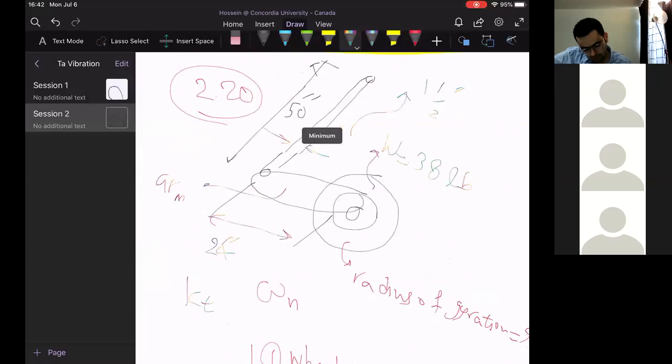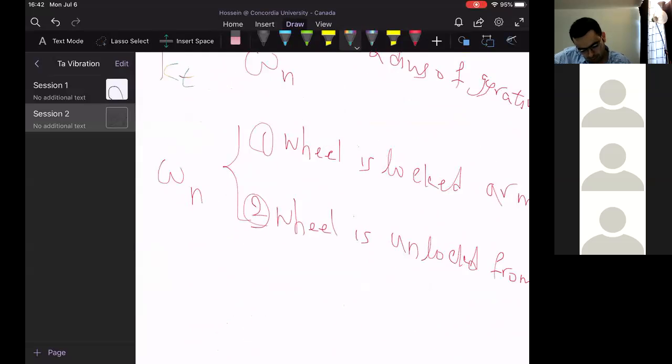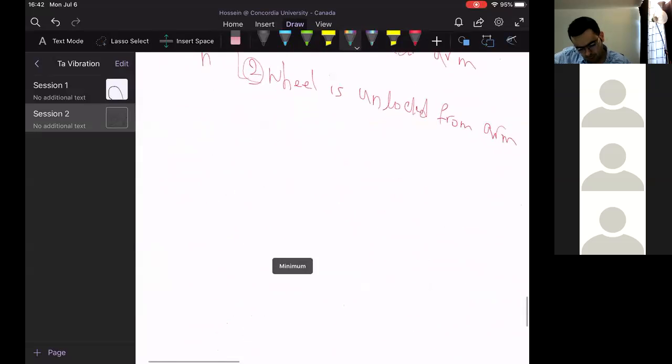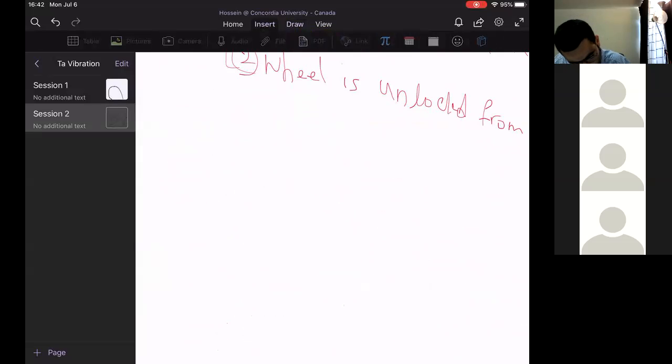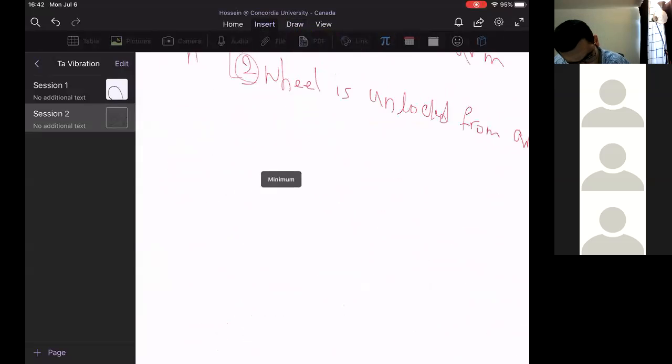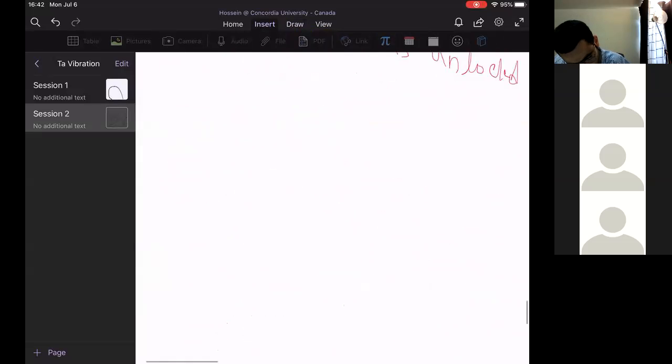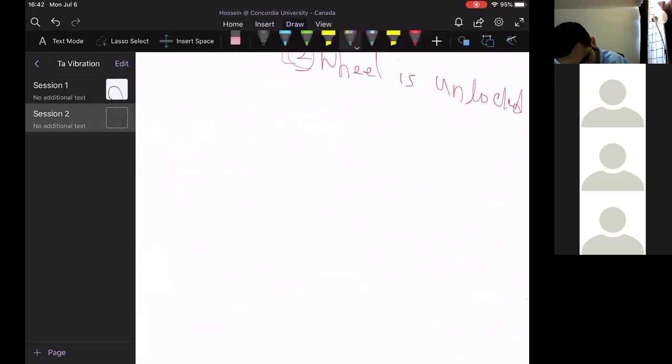So the natural frequency of this torsional system, you could easily write, omega n is square root of K over M for a linear system.